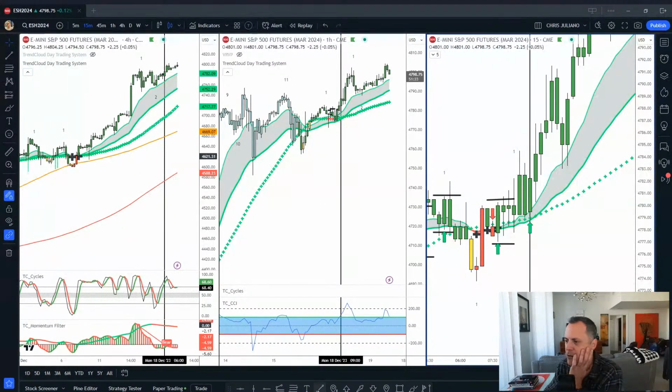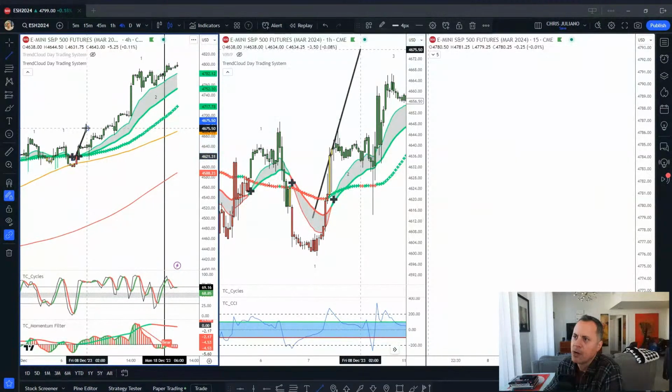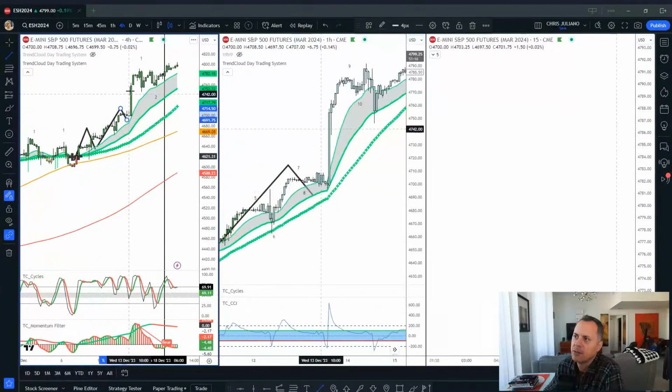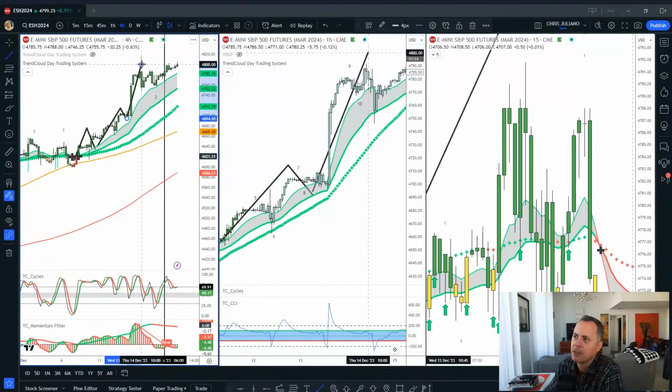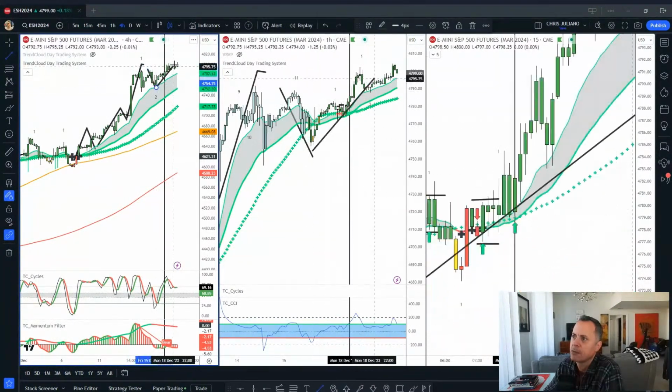So take a look here on the high time frame. You have an uptrend. You've got an impulse up and a correction back into the trend cloud. An impulse up, a correction back into the trend cloud. An impulse up and a correction back into the trend cloud. And then impulse up.